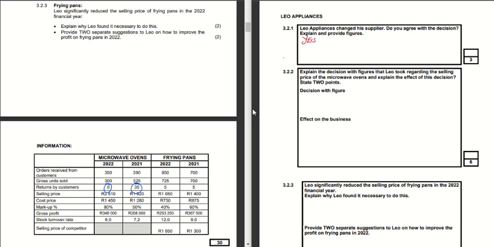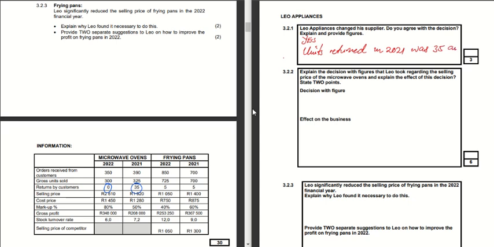Then you can give the reasons, whereby you are saying the units returned, in other words the number of units returned in 2021, was 35.